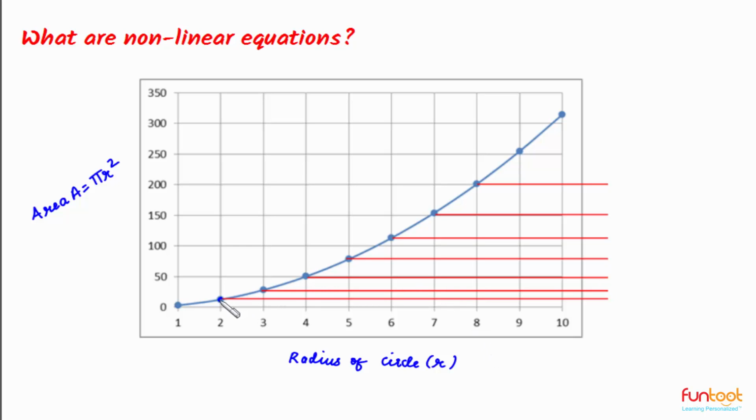So between this interval and this interval, radius increases by 1 unit, and this is the increase in the area. In this interval and this interval, once again, when radius increases by 1 unit, increase in area is this, and we can see that increase in area keeps on continuously increasing. Such a type of relationship is called as nonlinear relation.